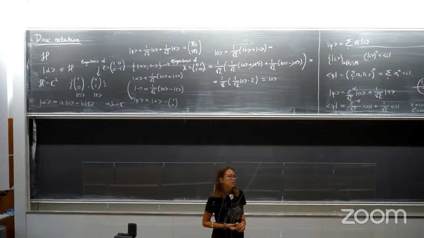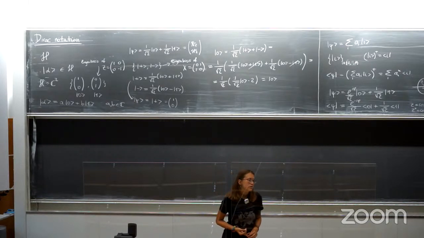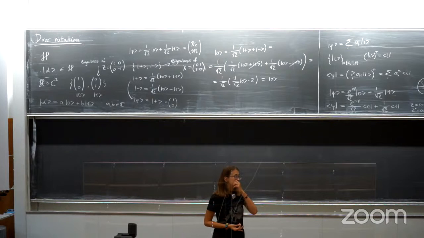Also, does the Hilbert space have a kind of length 1, the normalization? There is no normalization constraint on the Hilbert spaces themselves. There is a normalization constraint on the states of the quantum system. The state of the quantum system has to be normalized. This is something I didn't mention.